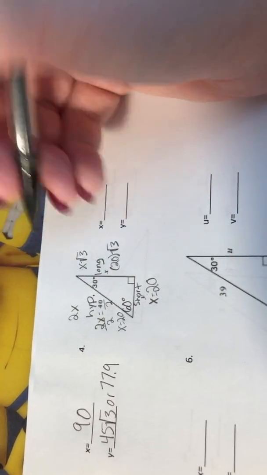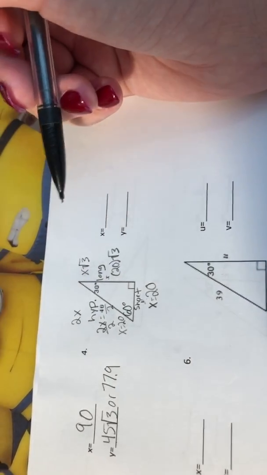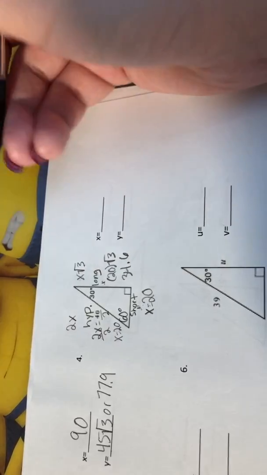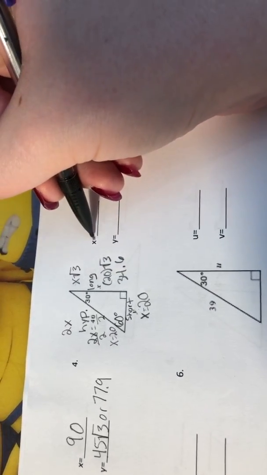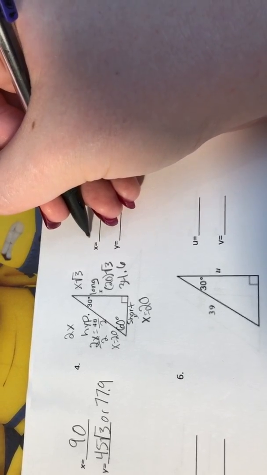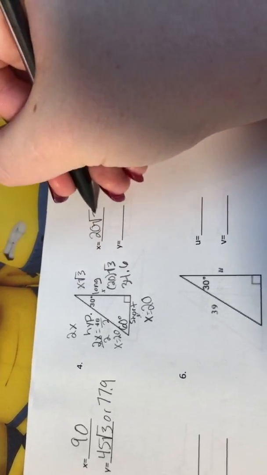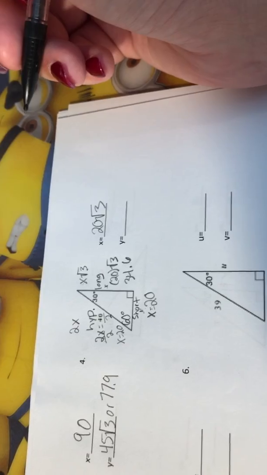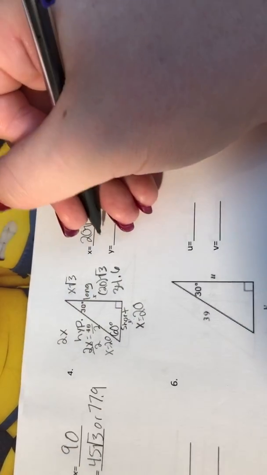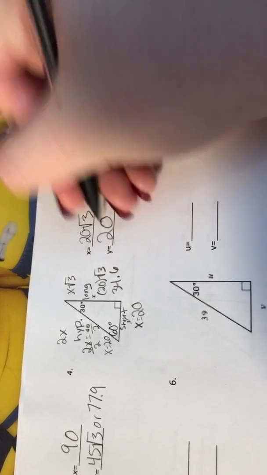Now you can either use 20 times the square root of 3, or the decimal, which is 34.6. The problem's asking for the long side, which they use x for, so 20 times the square root of 3, or 34.6. And then my y is actually my short side for this problem, and it's 20.